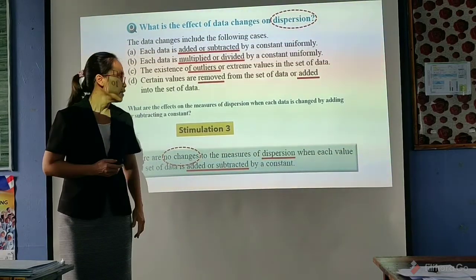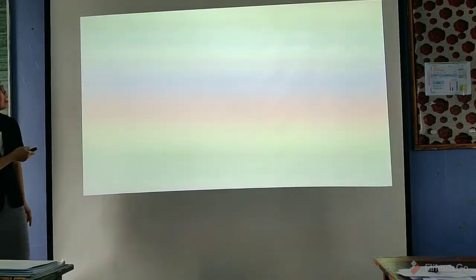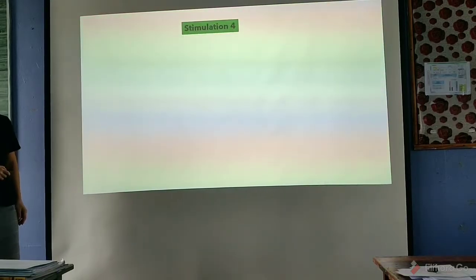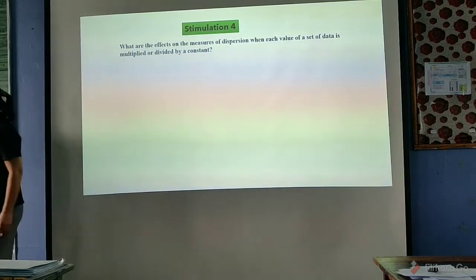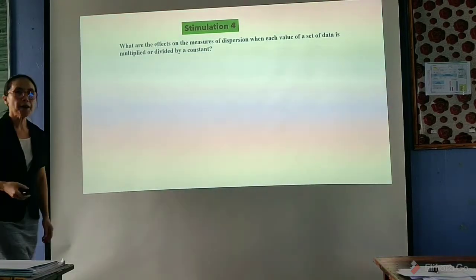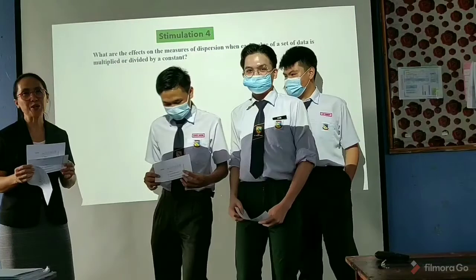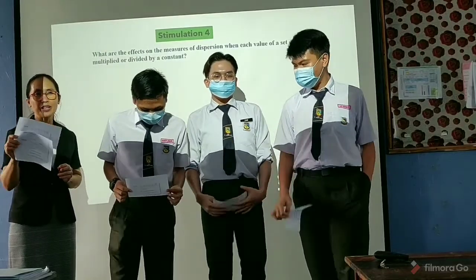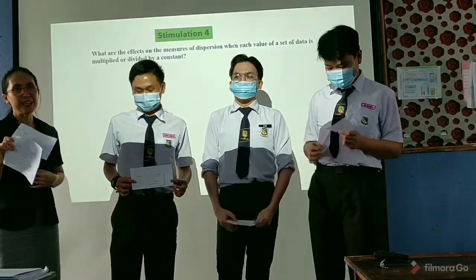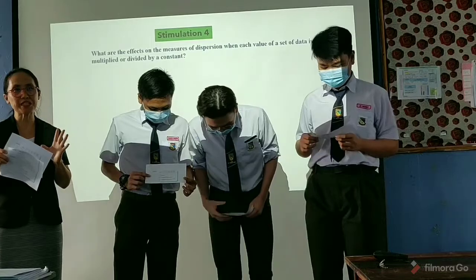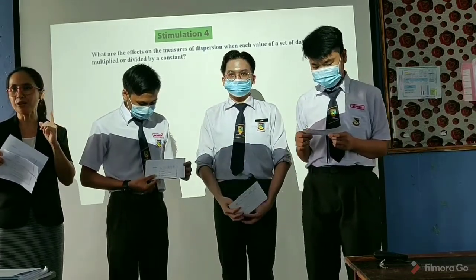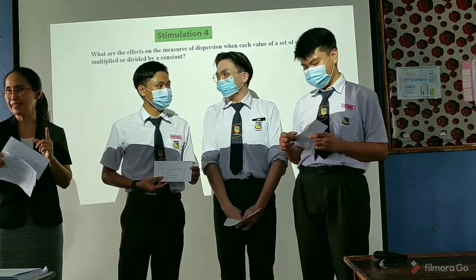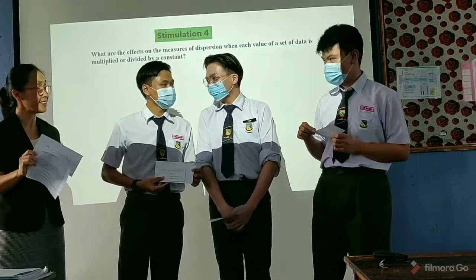Okay. Next is B. What happened when the data is multiplied and divided? For simulation 4, you are given card B, and you want to see what happened to the dispersion measurement when you divide or multiply the data.